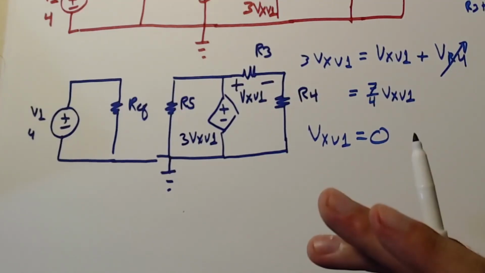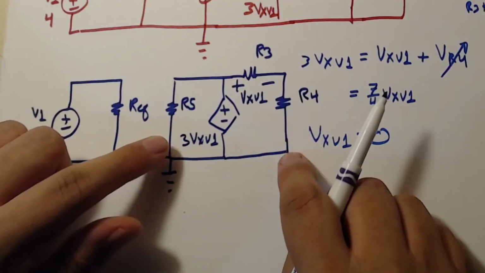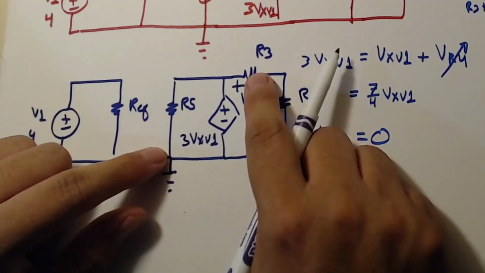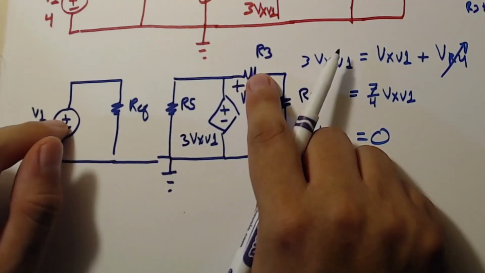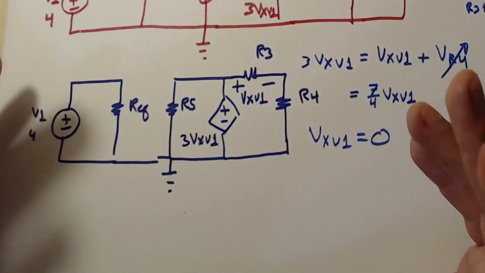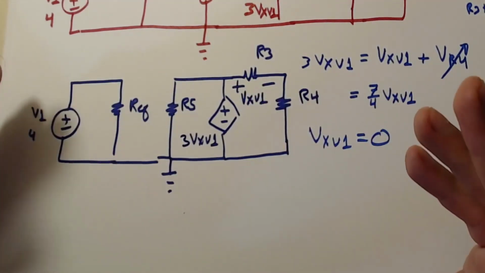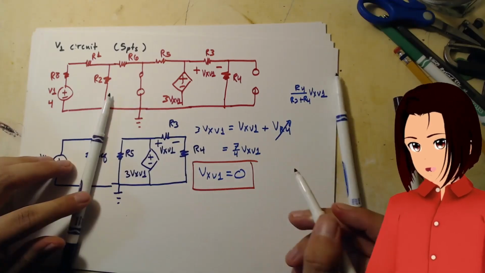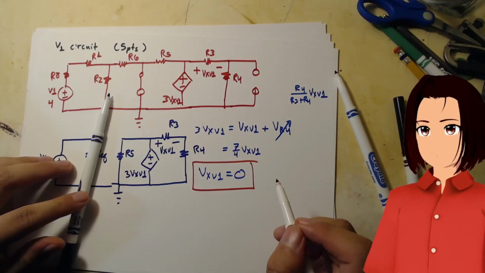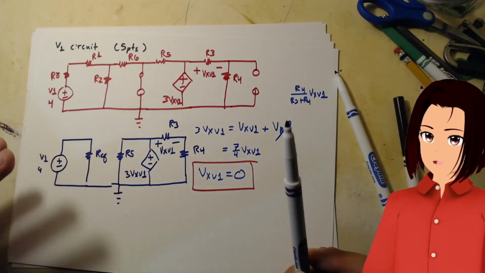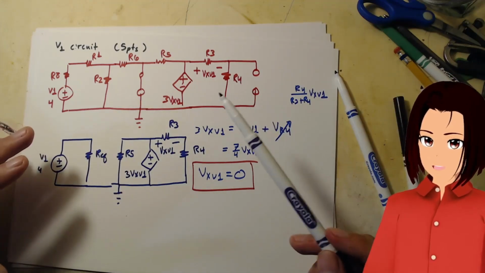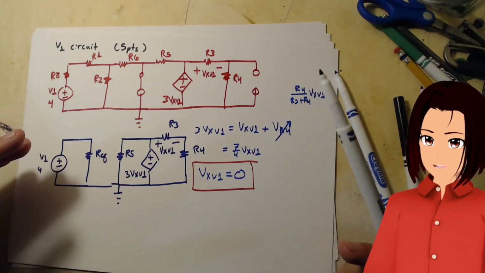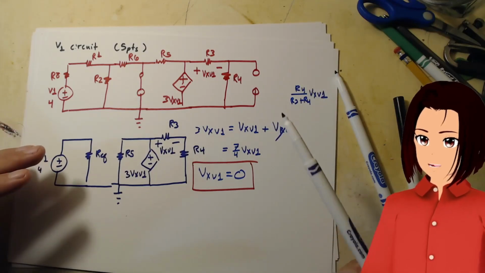But for these guys right here, there's only one potential from this and this. R3 isn't getting anything from V1. At least that's what it looks like. And it turns out that's actually the case. It's not getting anything. So we can say this is true. Whoa. And it is true. I built this circuit in Spice, and yep, it doesn't give anything.